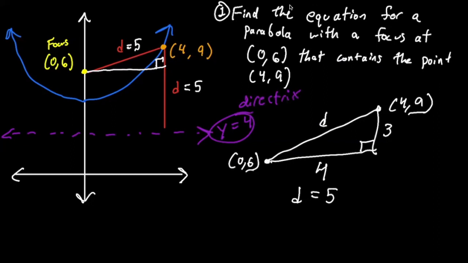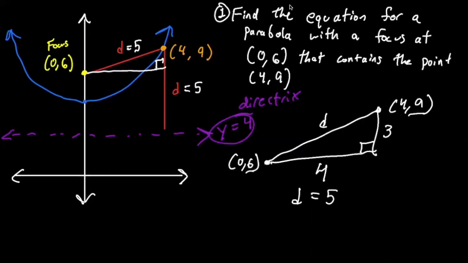Okay, great. So we know the focus, we know the directrix. We can also find the vertex because we know that this rule where the distances are equal is also true for any point, including the vertex. So the distance between the vertex and the focus is equal to the distance between the vertex and the directrix. If these are both D, then this entire distance between the focus and the directrix is 2 times D. So 2 times D is equal to the distance between the focus and the directrix.